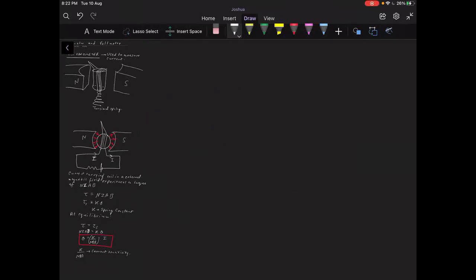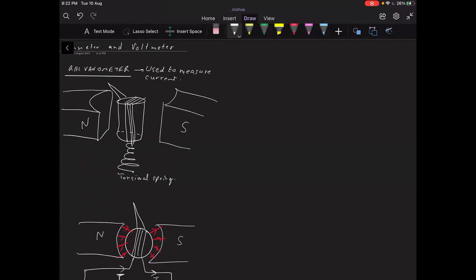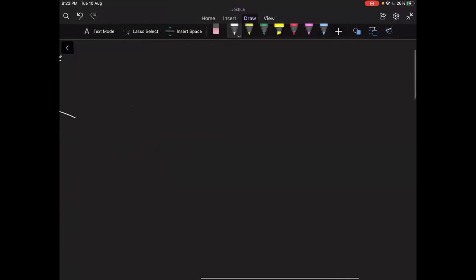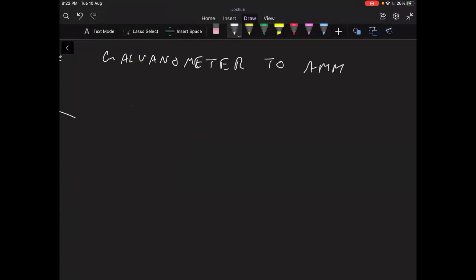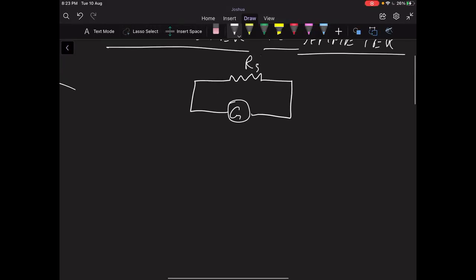Next, I'm going to talk about how to convert a galvanometer to an ammeter. To form an ammeter, you take a galvanometer and connect a shunt resistance in parallel with it, known as RS, shunt resistance.